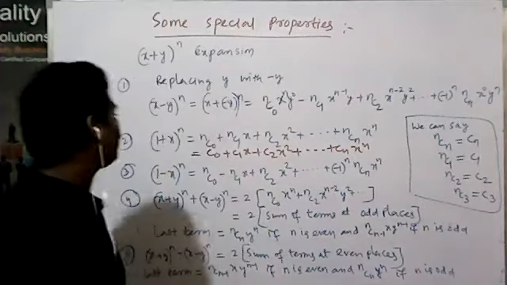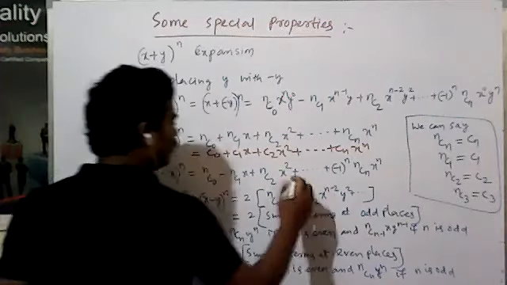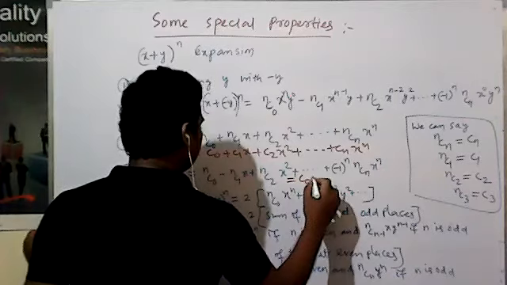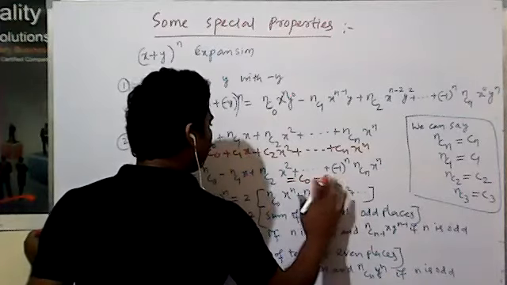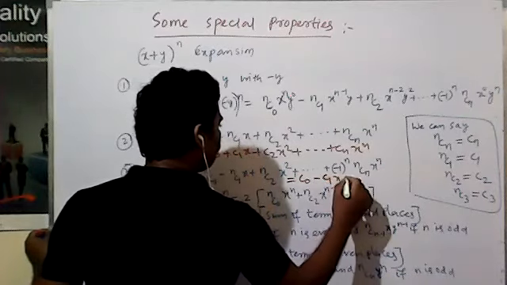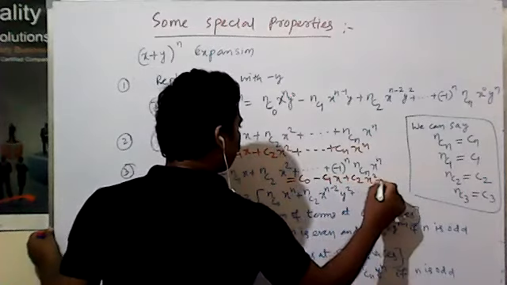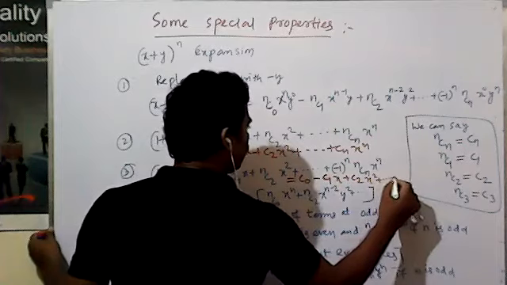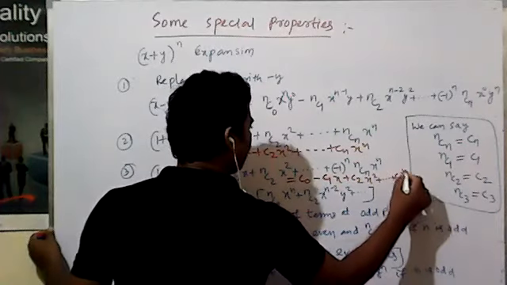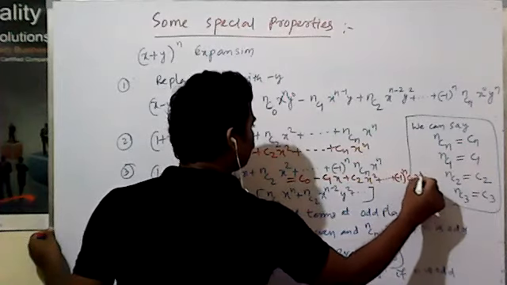We can write also similarly c0 minus c1x plus c2x square plus dot dot dot plus minus 1 to the power n cn x to the power n.